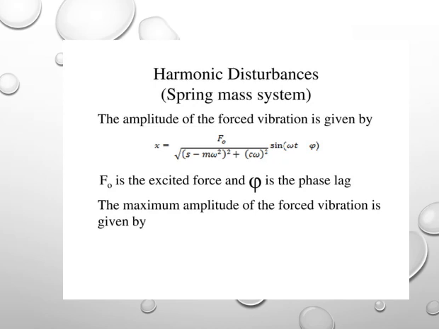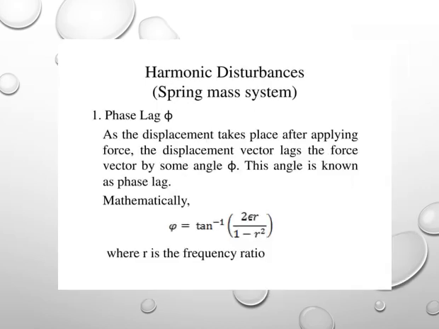The phase lag phi equal to tan inverse of 2 epsilon r by (1 minus r square), where r is equal to the frequency ratio.